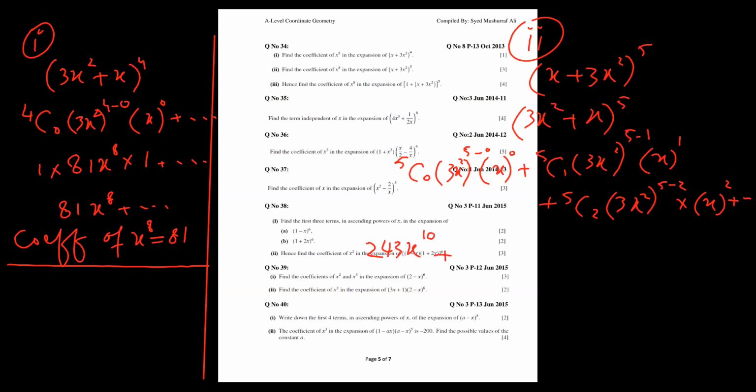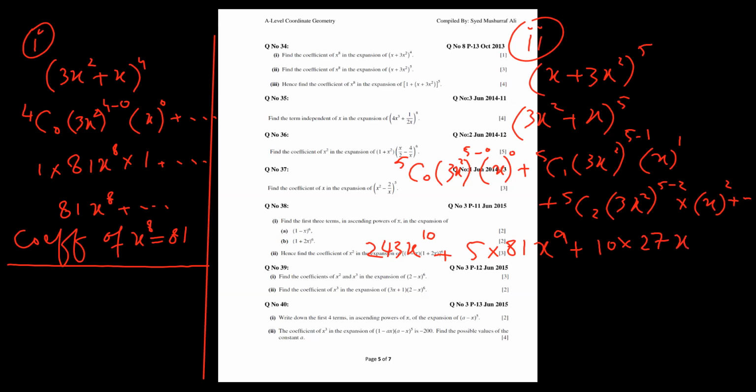So what is this one? 5c1 is 5. I'm writing 5. And 3 to power 4 is 81. And 4 2s are 8 plus 1, 9. So it means x to power 9. 5c2 is 10, all of you familiar. And this 3 to power 3, it is coming, oh, wait a minute, let me check this, 27. Okay.